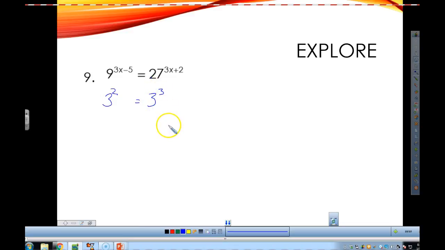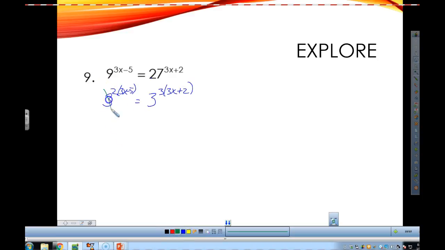So you see where knowing your bases and exponents, what they equal to, can be very handy here. Because if you knew that 3 to the third power was 27, you would get it much quicker than hunting around for it. So on this one, I still had my 3x minus 5. On this one, I still had my 3x plus 2.